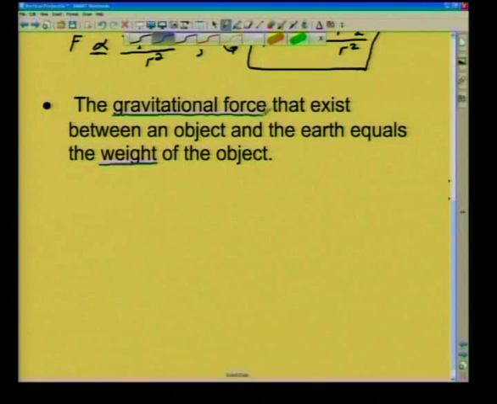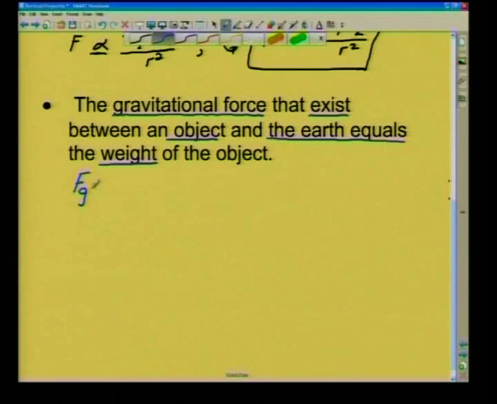So we are saying this gravitational force that exists between an object and the Earth equals the weight of the object. Allow me to call that force Fg, right?